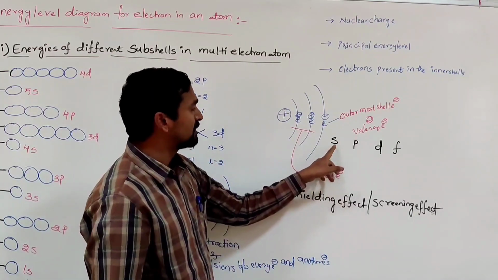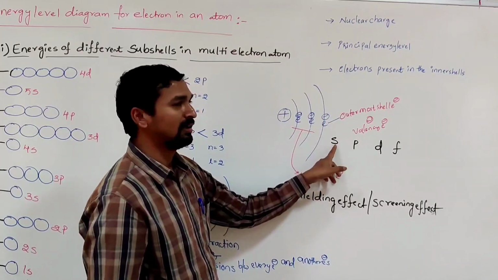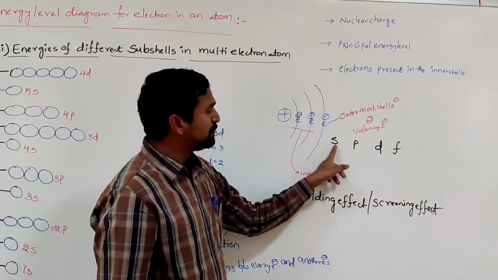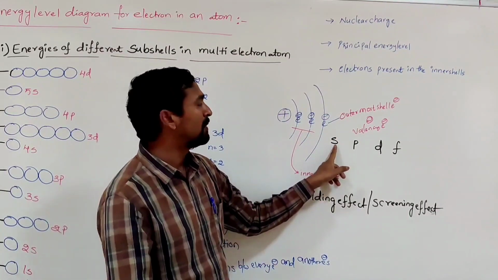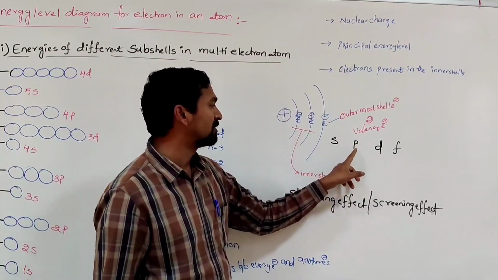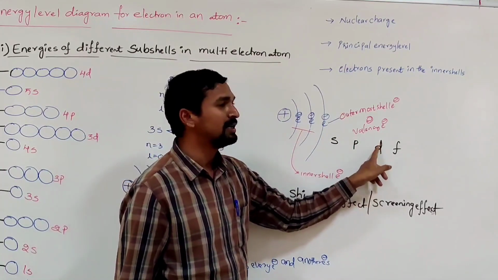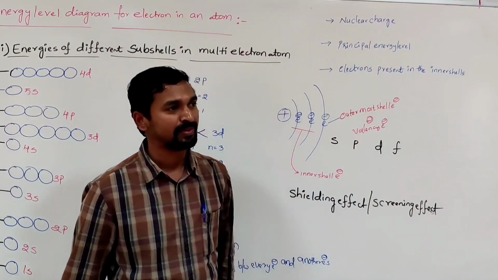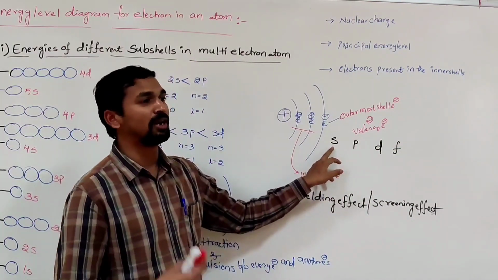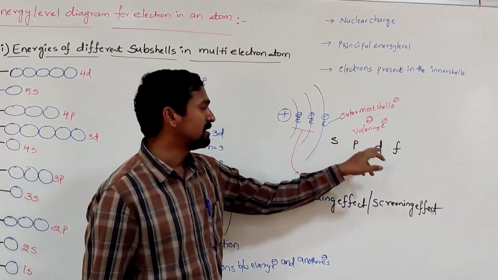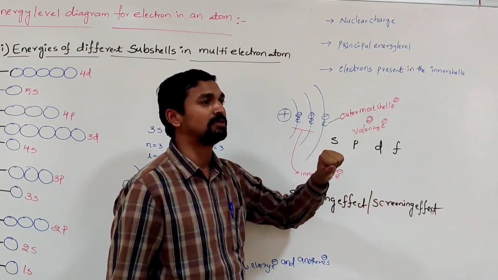So that means the electrons present in the S subshell experience an amount of positive charge from the nucleus different from P, P is different from D, D is different from the which one? F. Now, which will experience the more amount of the positive charge? Which electrons experience the less amount of the positive charge?